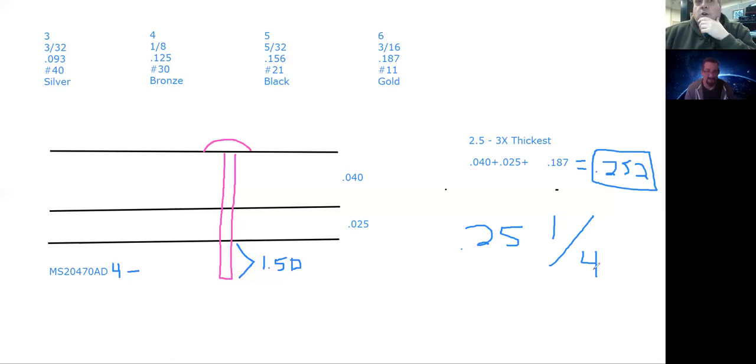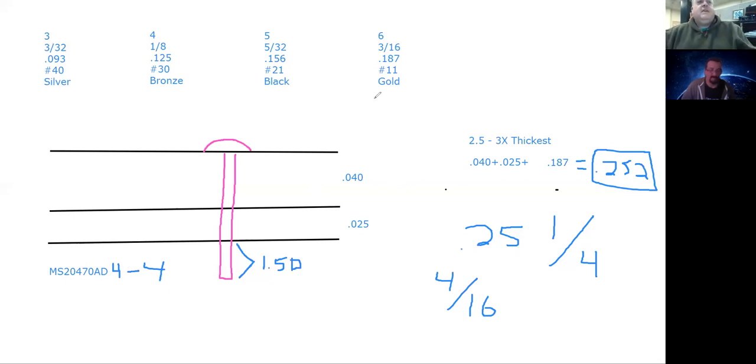What is 1/4 in 16ths of an inch? 4/16. So that tells me that we should be using an MS-20470 AD 4-4. That's going to be the rivet that we're going to use in those two sheets.